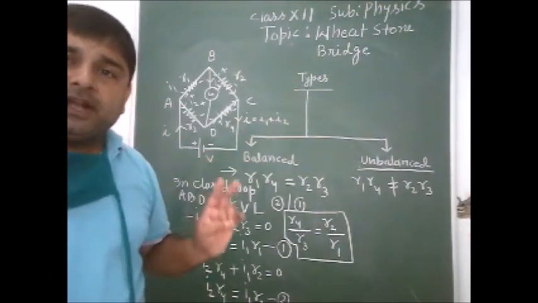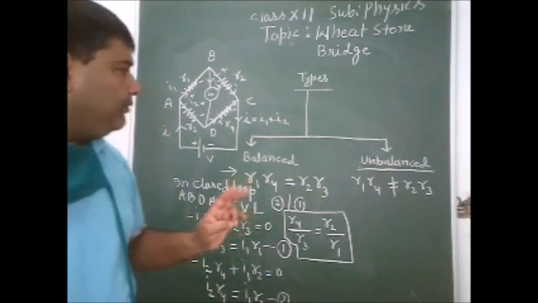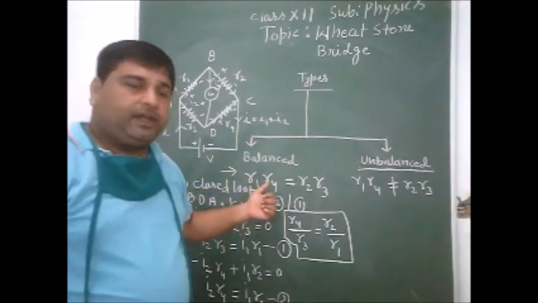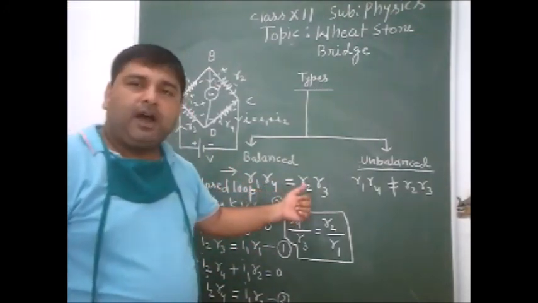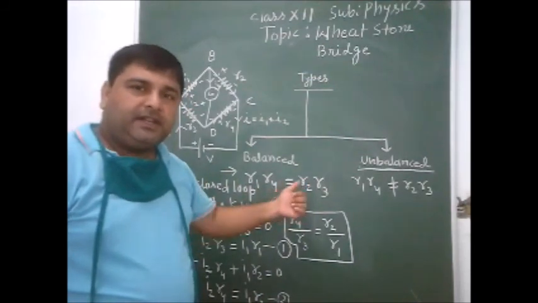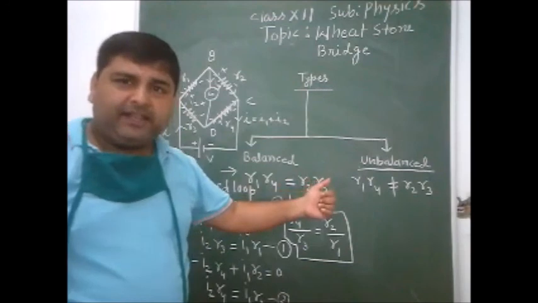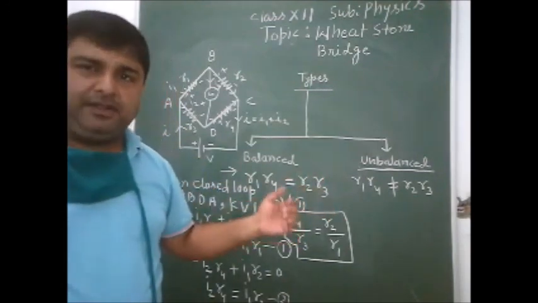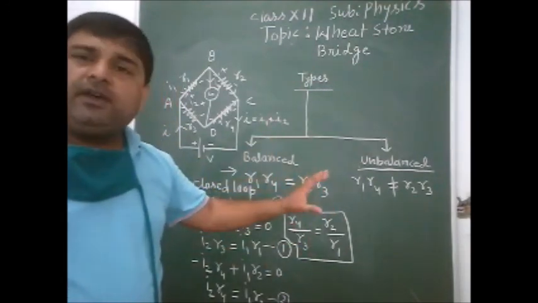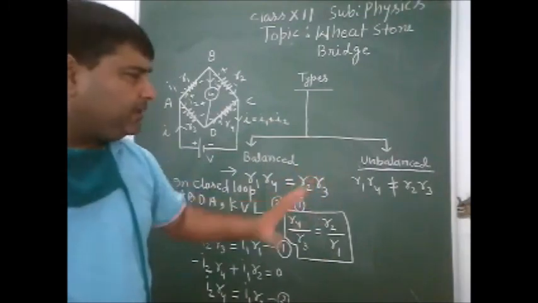If the condition R1 R4 is not equal to R2 R3, when this condition is not satisfied, your bridge is called unbalanced bridge. This is not part of our study.